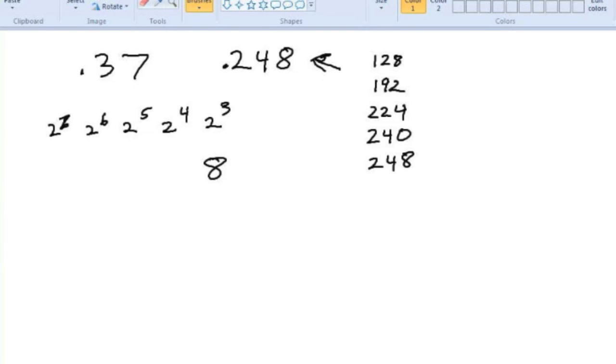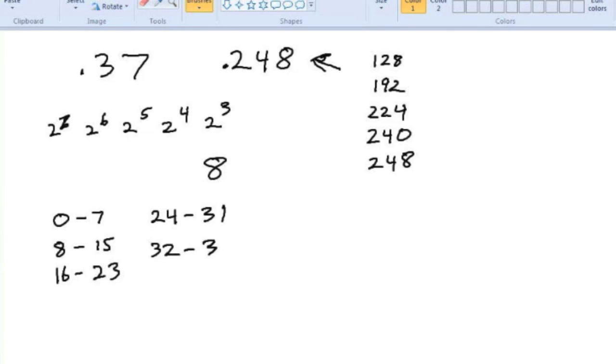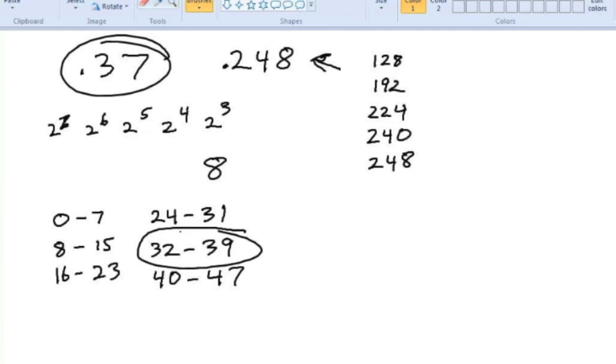So our subnets increment on 8: 0 to 7, 8 to 15, 16 to 23, 24 to 31, 32 to 39, 40 to 47. 37 lives right here.